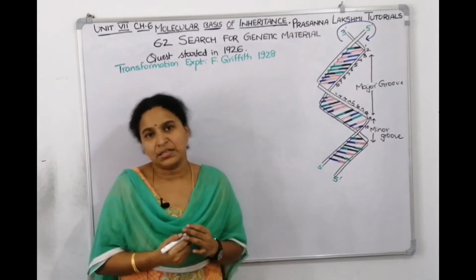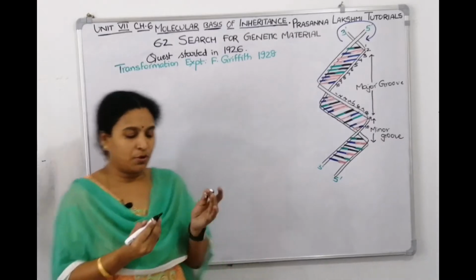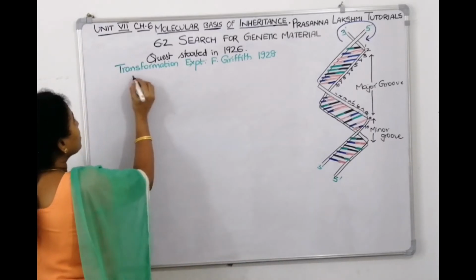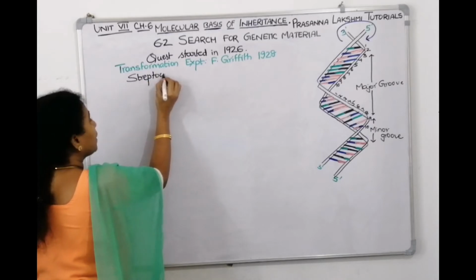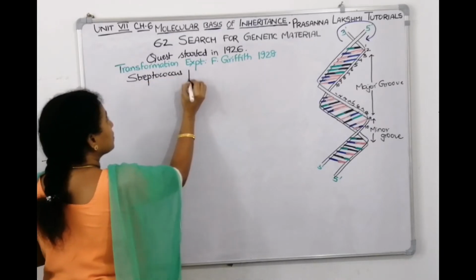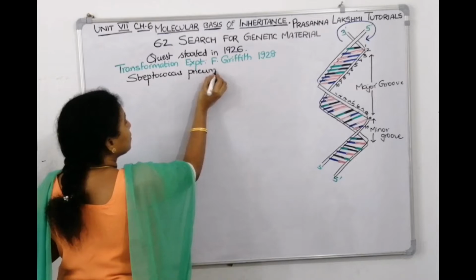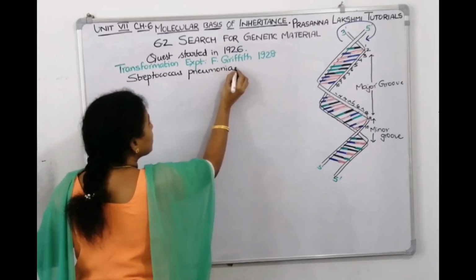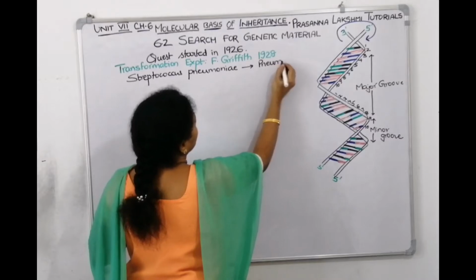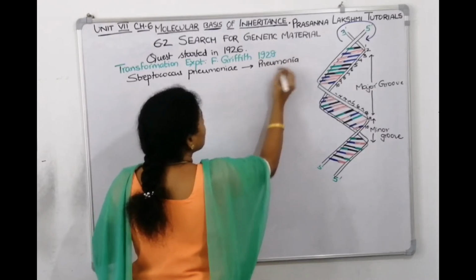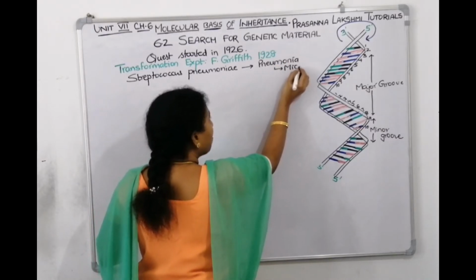He has taken a bacteria called Streptococcus pneumoniae. What does it cause? Pneumonia. It causes pneumonia in mice.